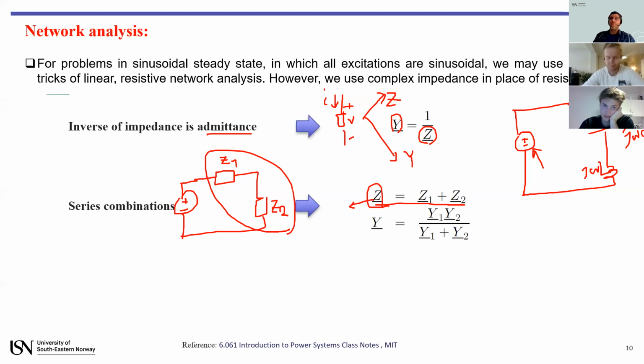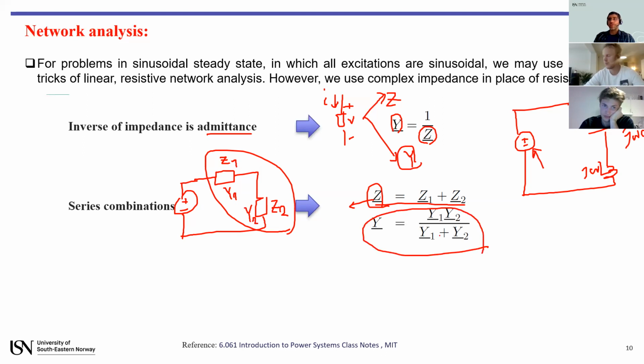However, if you prefer to work with admittance, it's different. You can represent element 1 as Y1, admittance 1, and the second element as Y2. So if you use admittance for the representation, you can write this expression.